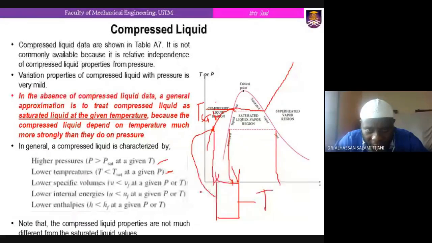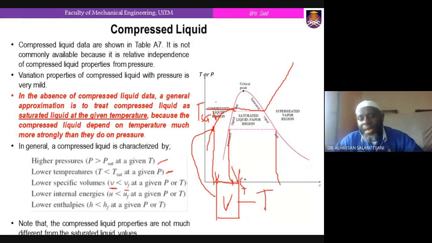So if you look over here, this V is less than Vf, so it is correct. That is the V for this fluid, which is less than Vf.